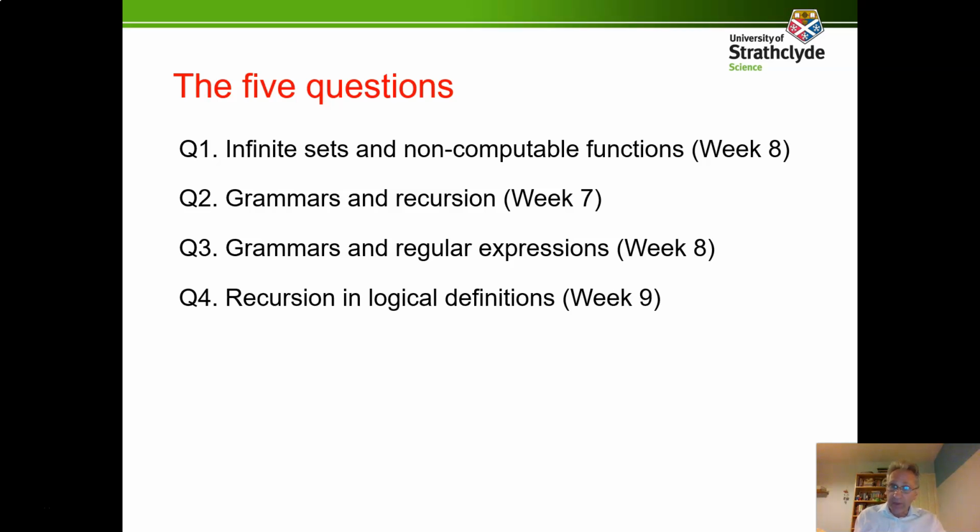Then question 4 is about recursion in logical definitions. Sometimes it's possible to define logically things in terms of themselves when you're creating a logical definition. Let's say you've got 2 points on a railway line, and you're trying to define if a certain station has a connection to another station.